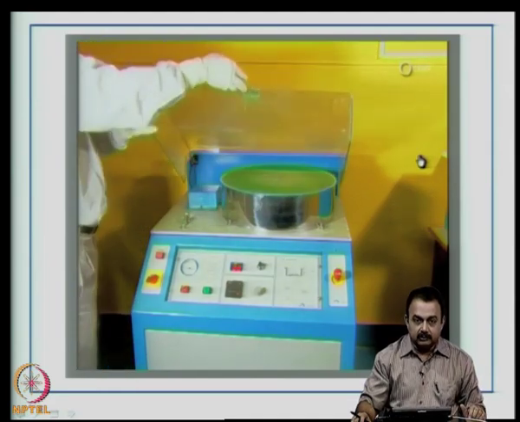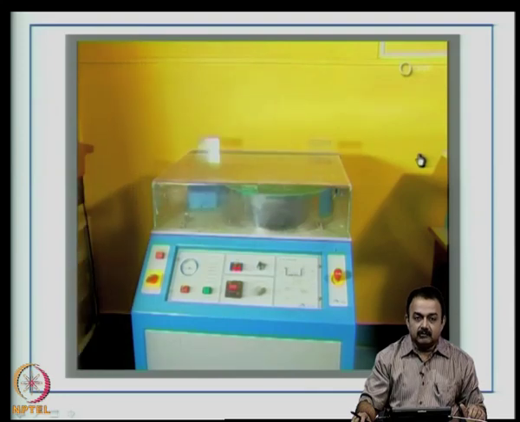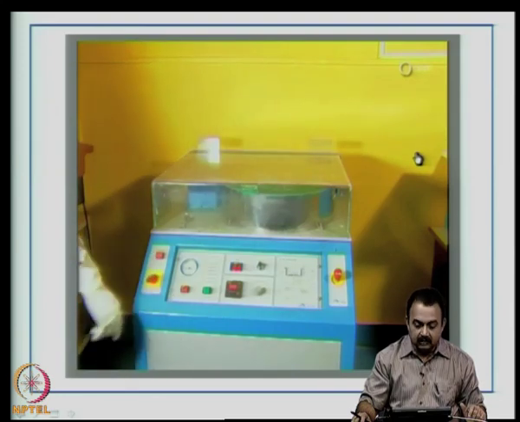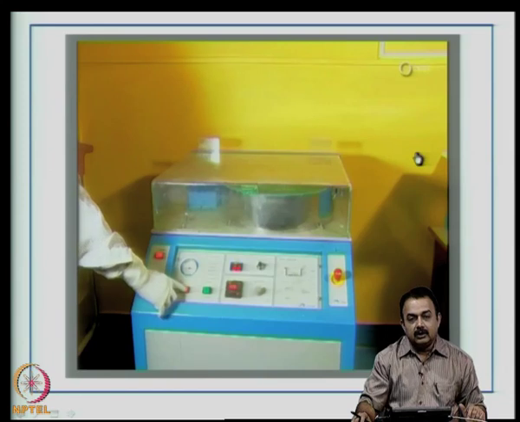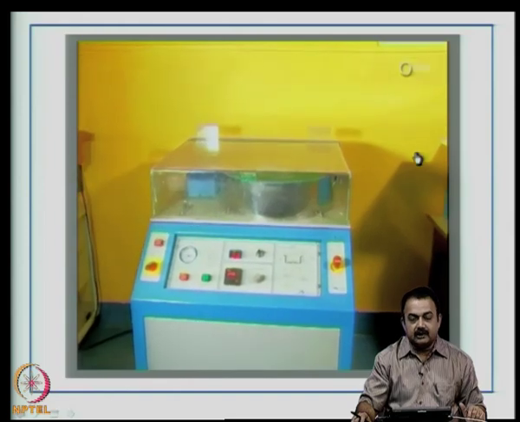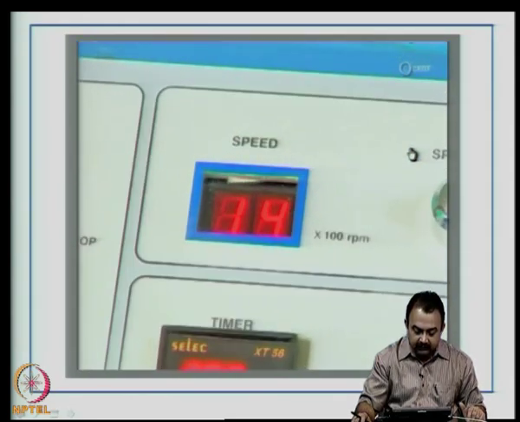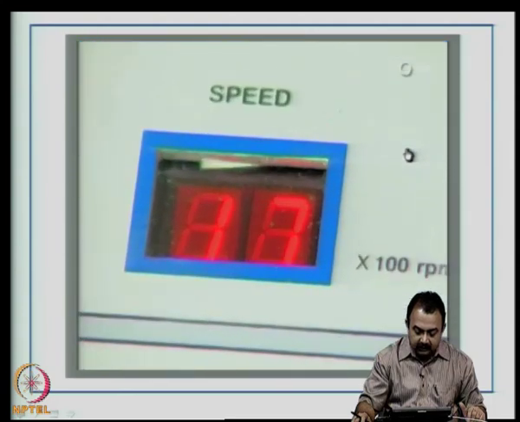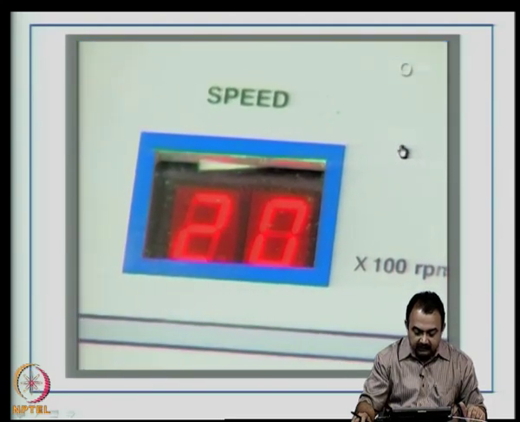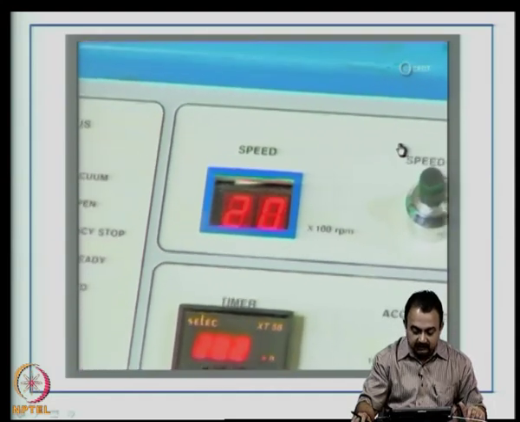The lids are closed and finally, it is now time to start the spin coating. Now, there will be a slow ramp up of the speed till it reaches the maximum set RPM for this particular process. So, finally, you can see now it is at 1500 RPM, 1700, 1900 and 2000 RPM. This is the final set value.